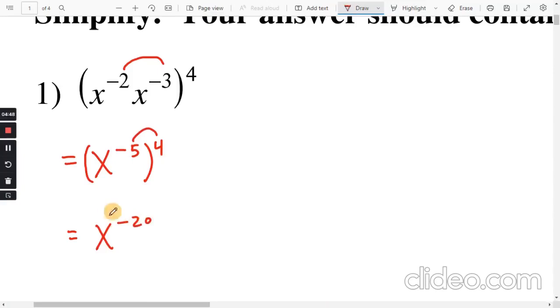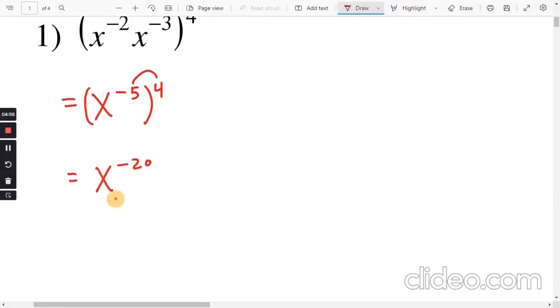And finally, we said for negative exponents, you can shift the whole thing into the numerator or denominator. So I am going to put x to the negative 20 divided by 1, and what I'm going to do is take this whole thing and move it into the denominator and then change the plus-minus sign on the exponent.